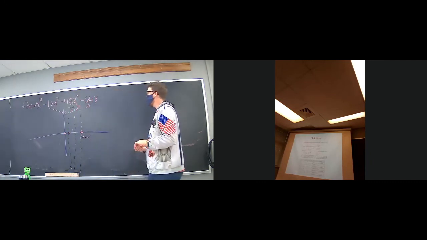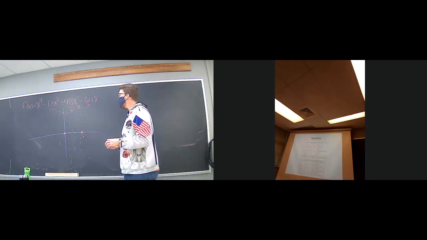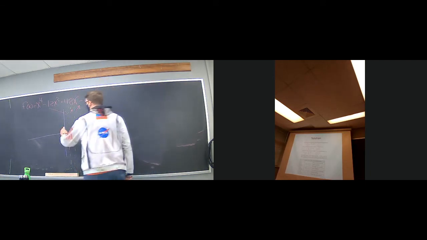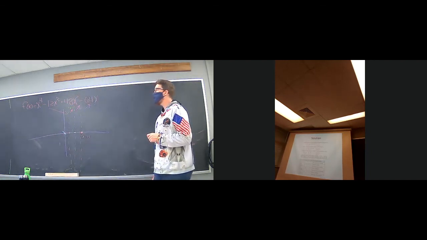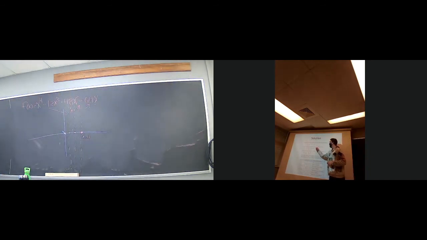Okay, so if we're decreasing on the interval negative infinity to 1, we automatically know our graph is going to have to go through that point in a decreasing fashion. We said that we had an intercept at 4, 0, which is the point of inflection, right? Moreover, it's just going to be a point of inflection.